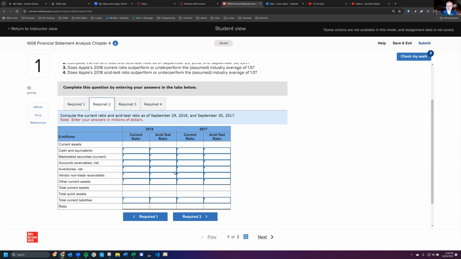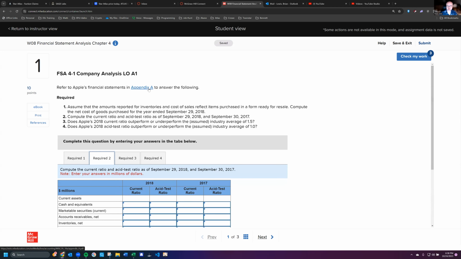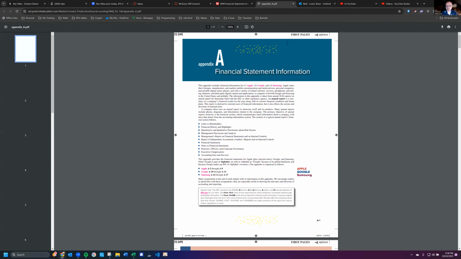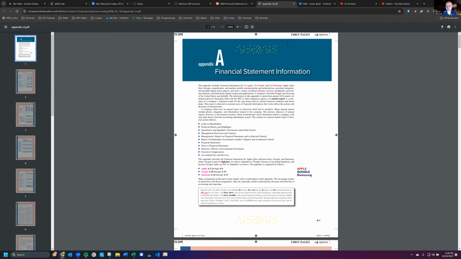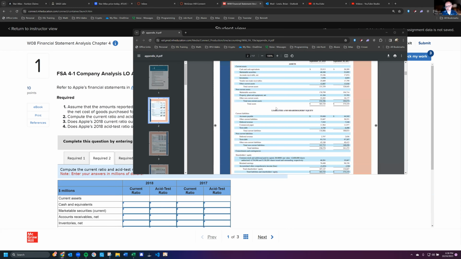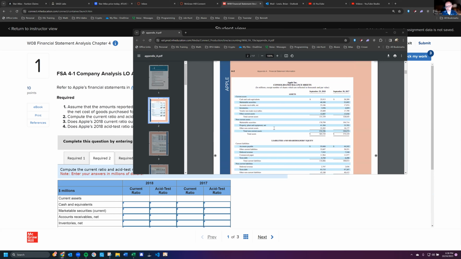So let's pull up the appendix first. Let's pull this into a new window, if I can. It's not opening it up. Okay, so it did pull it into a different file. We're going to use all the balance sheet information here.